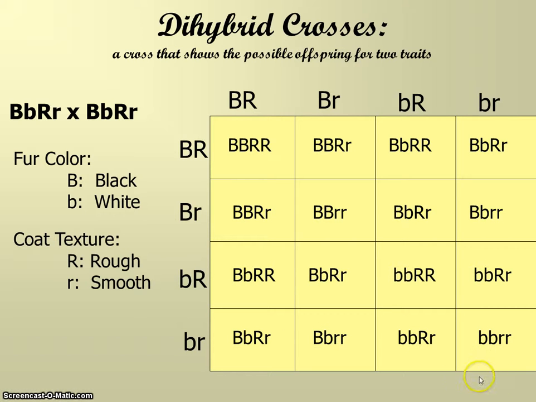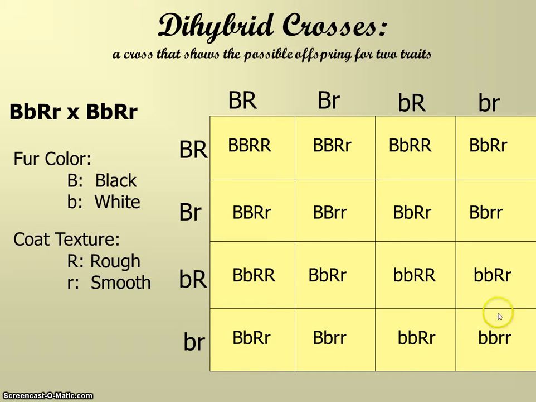So what we've done is we've set up a Punnett square, and we've crossed 2 traits that could be linked together during fertilization. And now we can see the possible outcomes. Since there are 16 boxes, we just have to look and see how many per 16 boxes you would have that are the same.